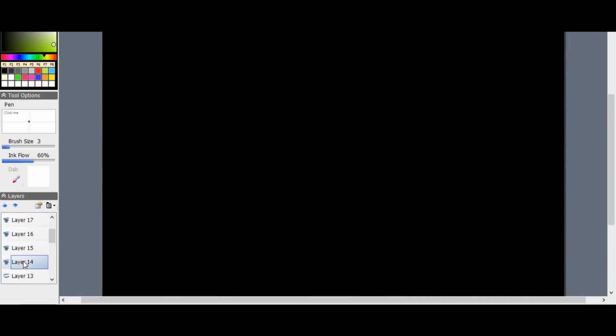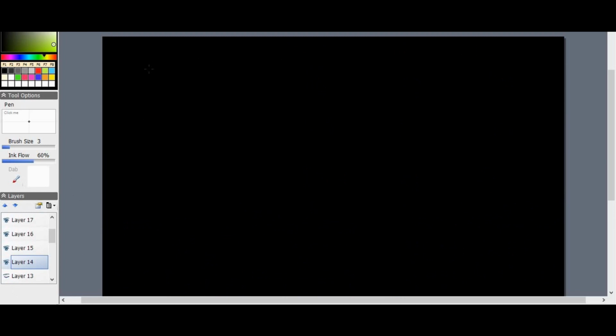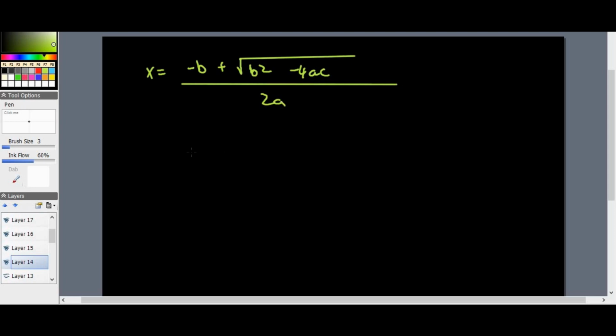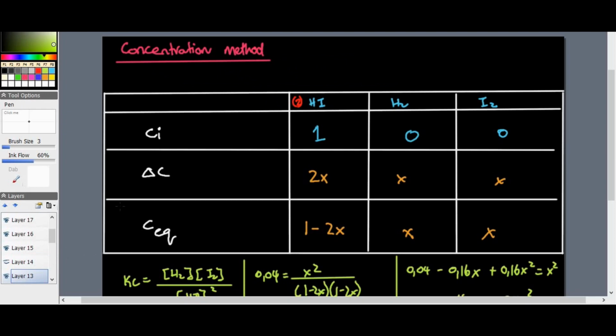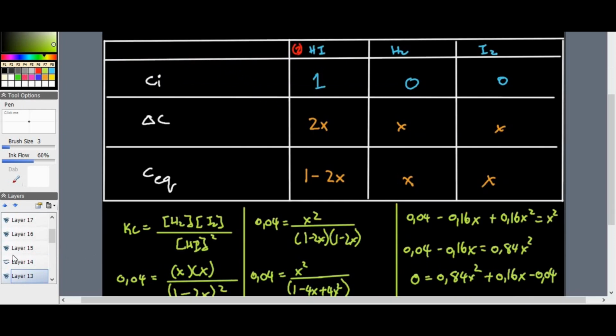So if we come here to the quadratic formula, we'll have x is going to equal, of course, negative b plus square root. And let's just make this a nice long line. B squared minus 4ac all over 2a. So let's do the same thing. So minus, what was b? 0,16. Okay.